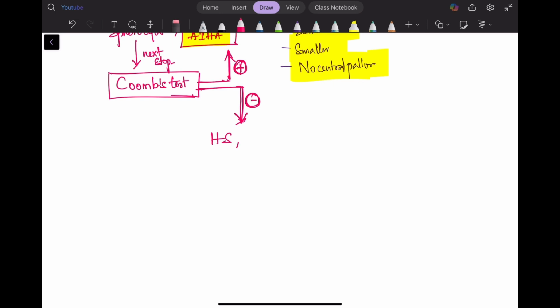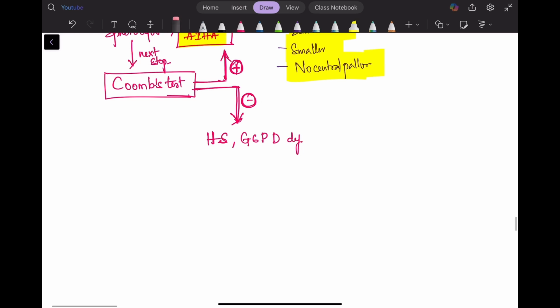If you learn this in a proper conceptual manner, then you won't forget it, right? Coombs test negative means it will be G6PD deficiency or hereditary spherocytosis.